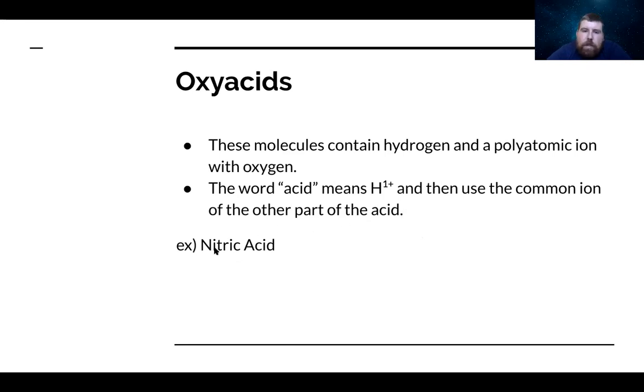When we're looking at nitric acid, and notice it's not hydronitric acid, we know that nitric is something related to nitrogen. Just as a reminder, when you see ic, that comes from the suffix ate. So ic and ate are related to each other. If you have nitric, that must mean that we're looking at the polyatomic ion nitrate. So this is going to tell us that it's NO3 1-, the nitrate polyatomic ion.